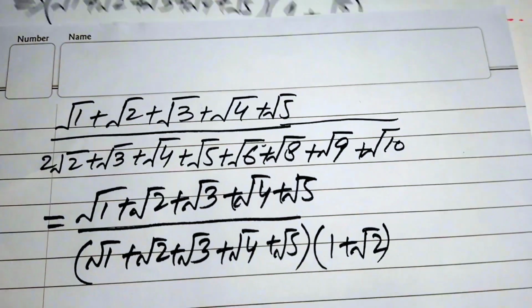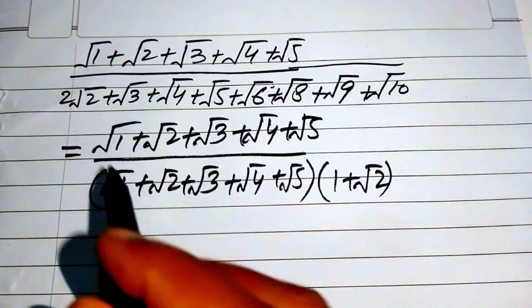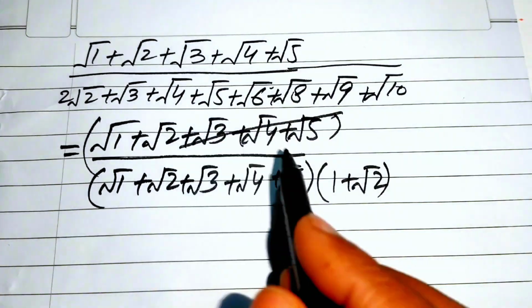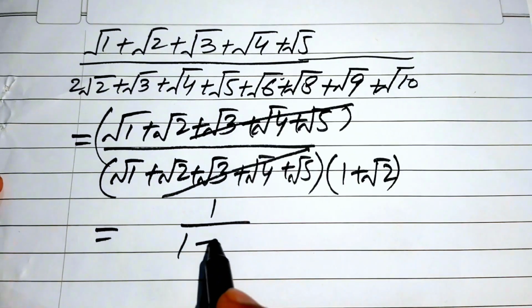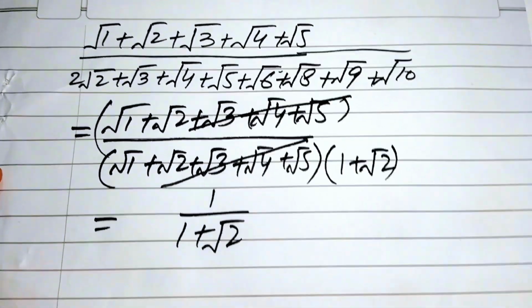So we get the value in this form, and here you see that this whole expression is cancelled out by this whole expression and we get 1 over 1 plus square root of 2.